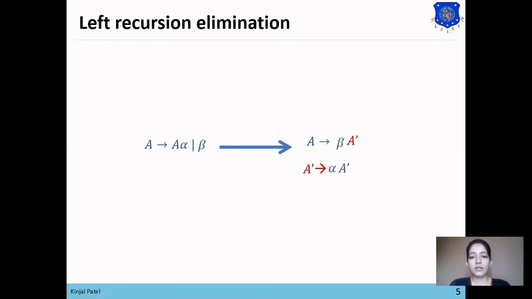Now, or null. Why? Because the second alternative has been generated in the first level. So in the second level, or null. So this is the grammar which we have generated from left recursive grammar, which generates the same language that the original grammar does, and there is no left recursion in it. So this is the rule which you need to remember to remove the left recursion from a grammar.